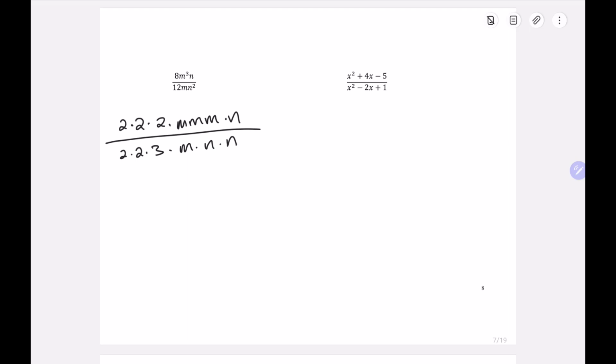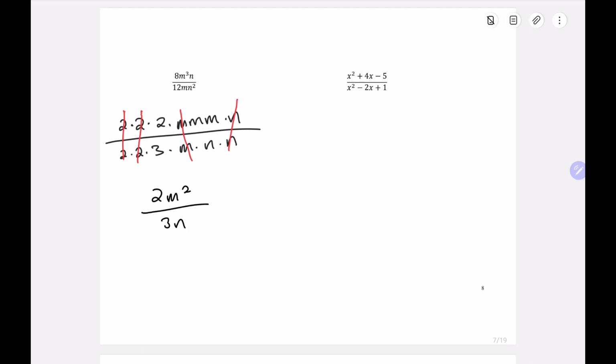And since we want to see what cancels, we can see that our 2's cancel, another set of 2's cancels, 1 m cancels, and 1 n cancels. And so we're left with 2m squared all over 3n.